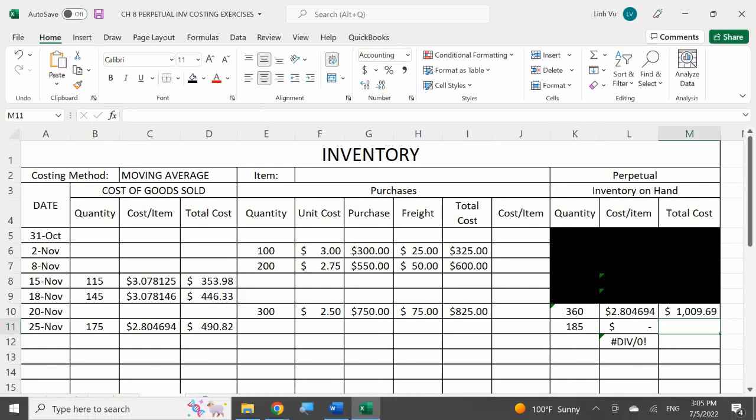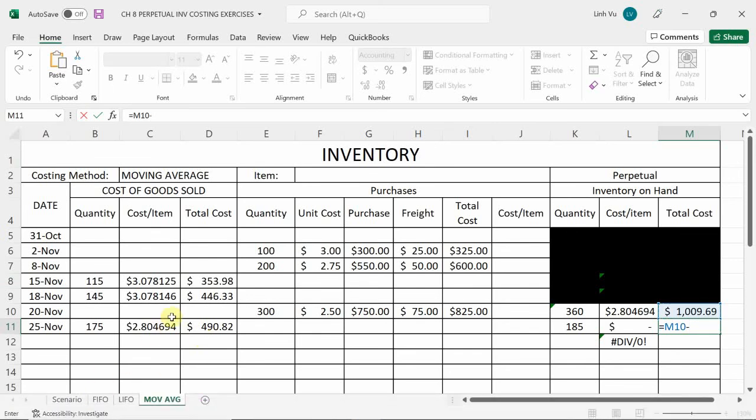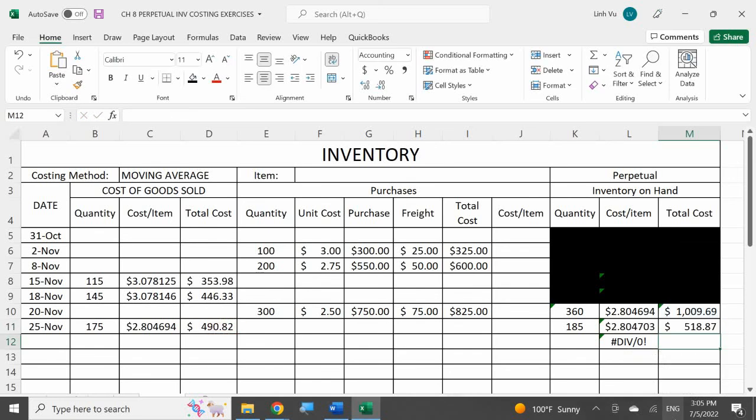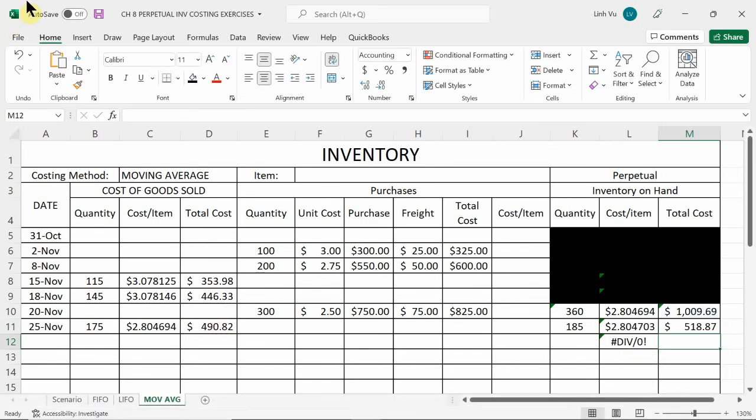What about my total cost? If I started out with 1,009.69 and I just sold 490.82, how much should I have left in my total cost? 518.87. That gives me an average cost of 2.84703.